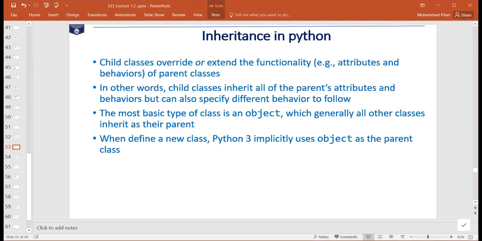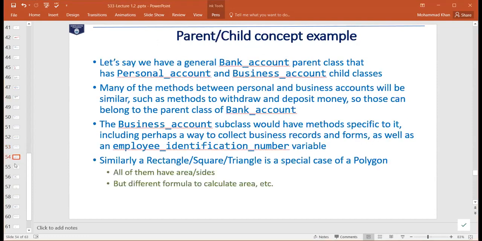So inheritance in Python. Normally, Python supports multiple inheritance. And also we can use other object-oriented programming concepts in Python. For example, this is the slide to understand what we mean by parent-child in object-oriented programming.